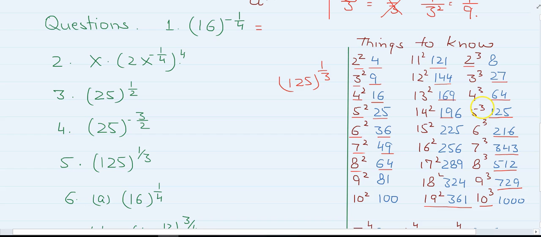If we cube number 5, we get 125. So you can easily write 5 cubed, to the power 1 over 3. Always try to find the number which can cancel. So this can be cancelled. So this is 5. That's why these numbers are very important.